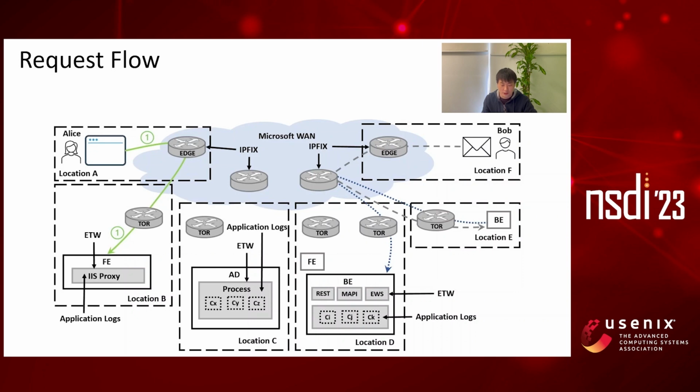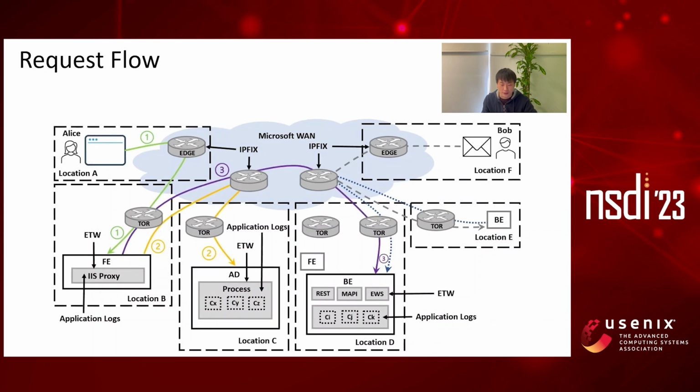Exchange front-end machines are Layer 7 proxies to help route requests to the back-end machines that actually hold customers' mailboxes. To find the correct back-end machine, front-end servers may need help from Active Directory machines, which hold users' metadata to find a back-end machine that may know the answer.